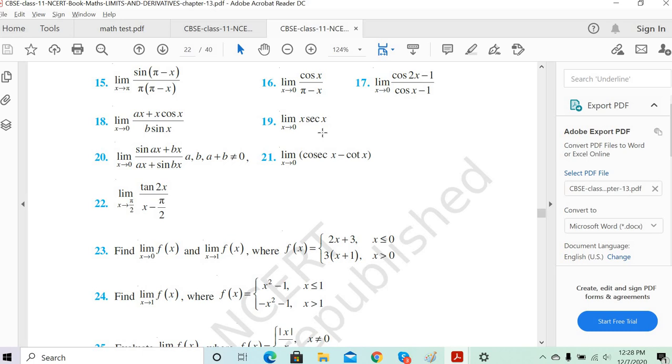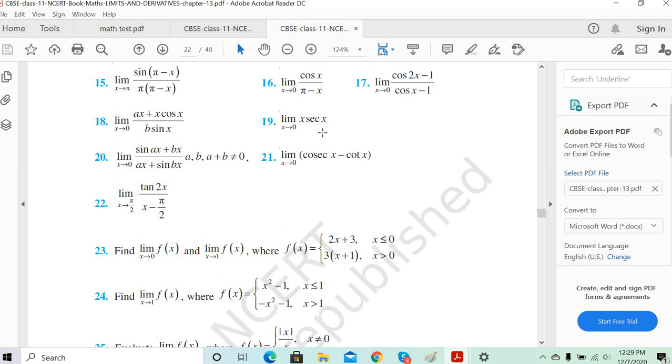Okay, sir. So no need to apply the sin x by x formula here. So where do we use the theorem which is 1 minus cos x by x equal to 0? You don't have to use it often, because 1 minus cos x by x equal to 0 just gets you back to the same sin x by x formula only.